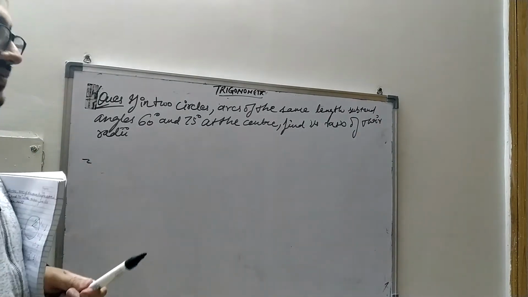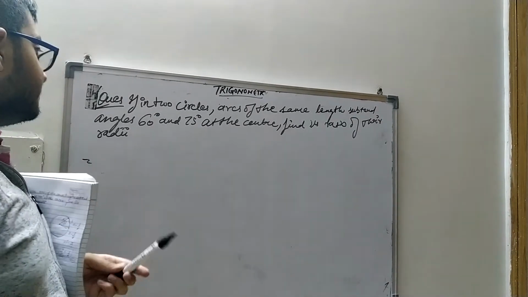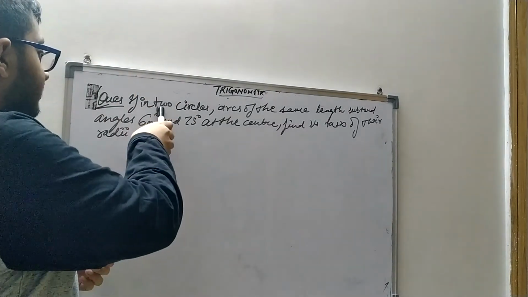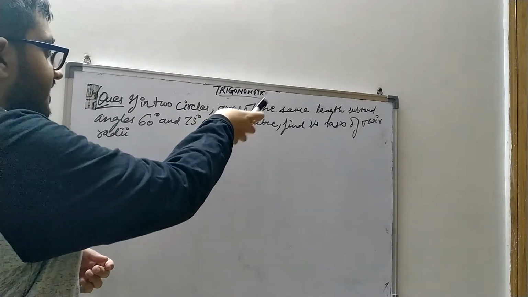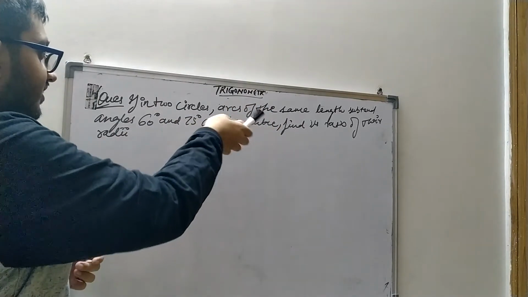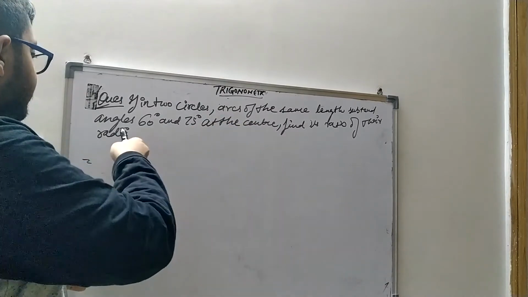Basically we have to solve one question here. The question says that if in two circles the arcs of the same length subtend angles 60 degree and 75 degree at the center, find the ratio of their radii.